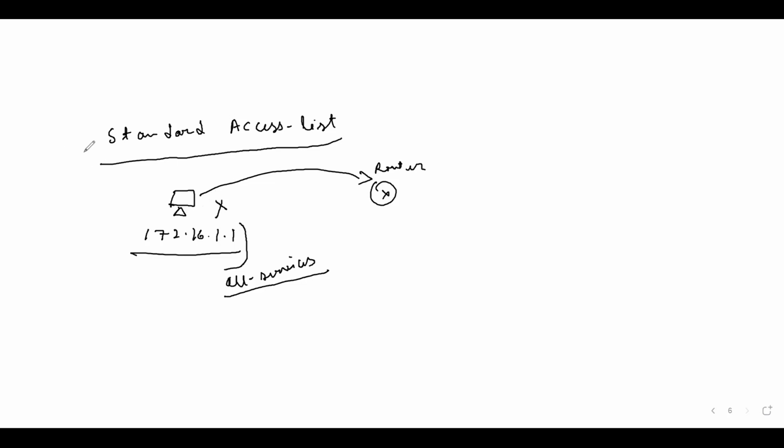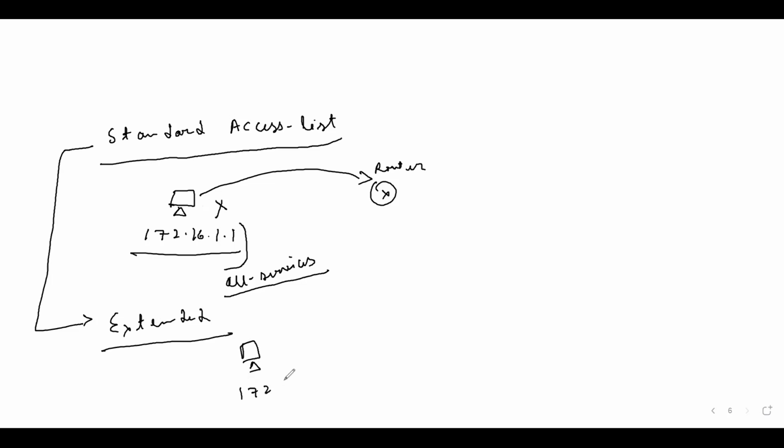So that's why they improved the standard access list. They made extended. Now I can choose the same user. This is the router, same user. I don't want this user to use HTTP or HTTPS service.